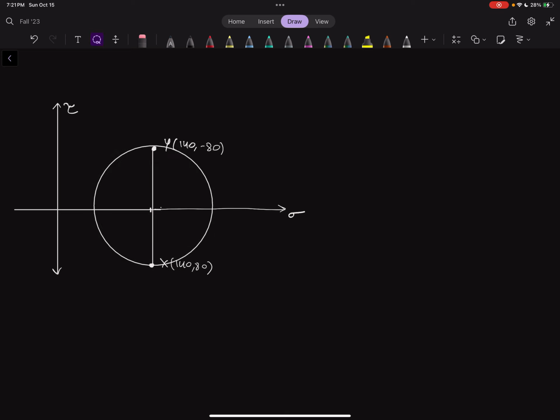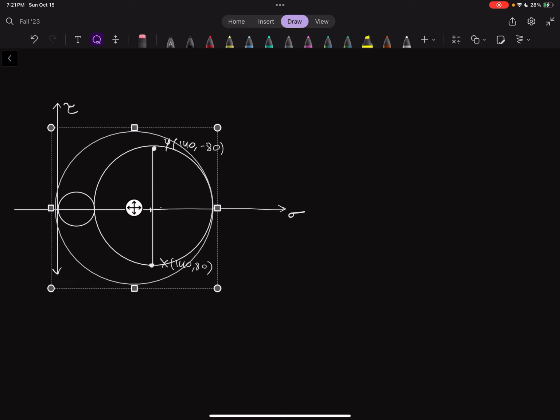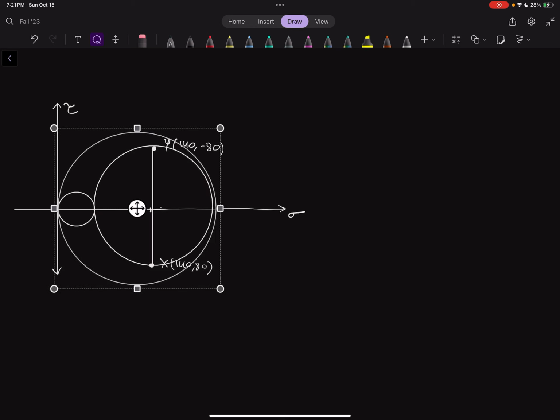And now we realize, hey, actually, if we consider out of plane, there's going to be another circle right here. And then there's going to be a big one right here.